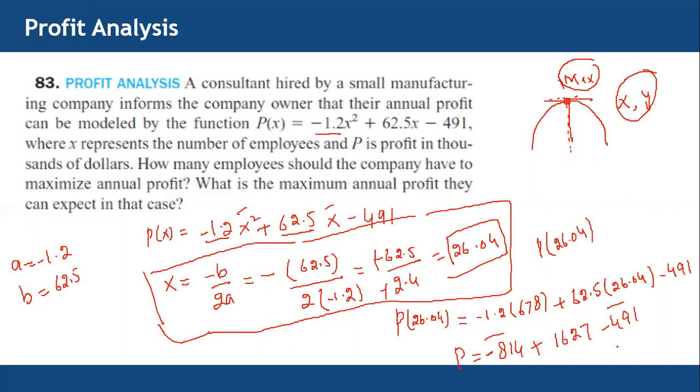Yes, 1305. And we have plus 1627, so 1627 minus 1305 equals 322. The profit at this position equals 322.